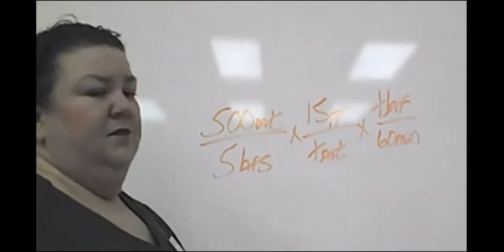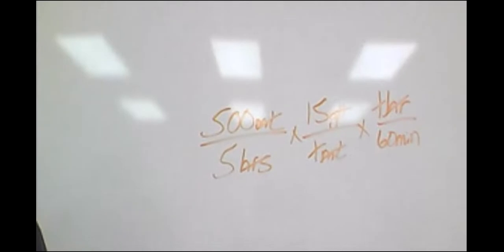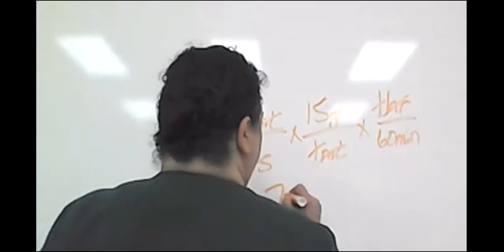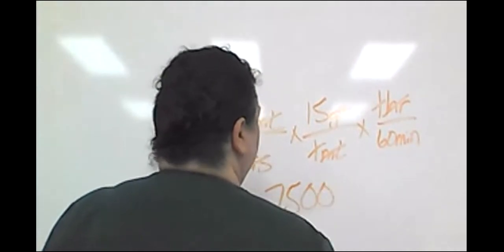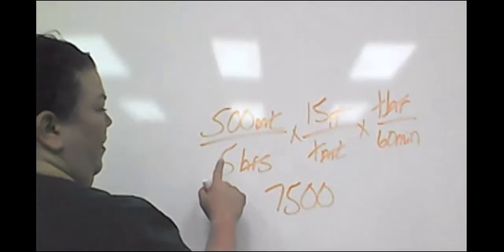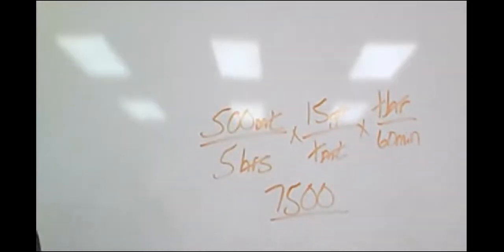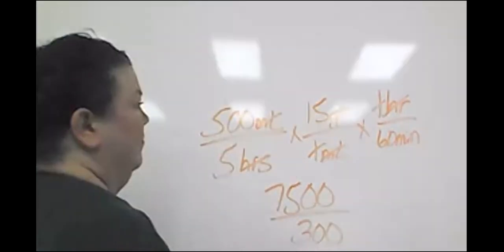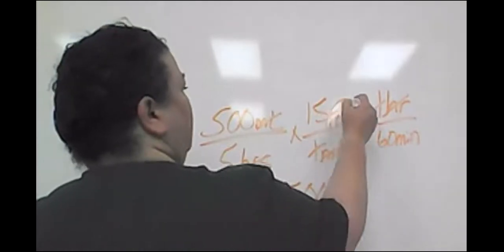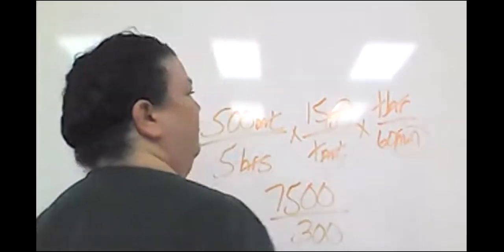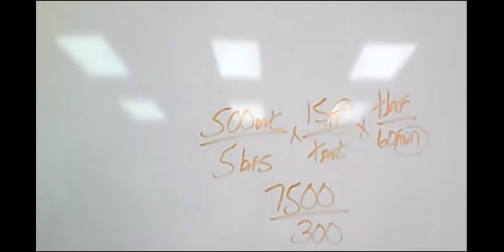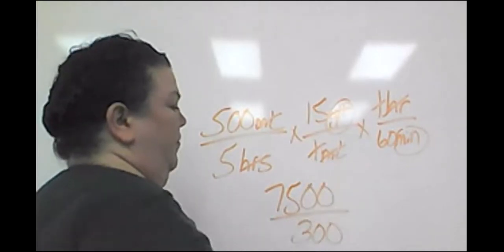So on the top, that leaves me with 500 times 15, which is 7,500. And on the bottom, it left me with 5 times 60, which is 300. And you see up here at the top, I apologize, I did not point out, but we were left with the drops as our numerator and minutes as our denominator.